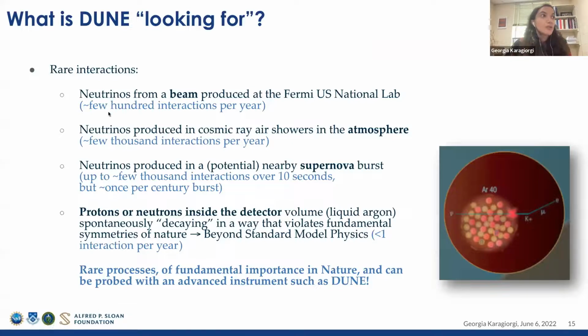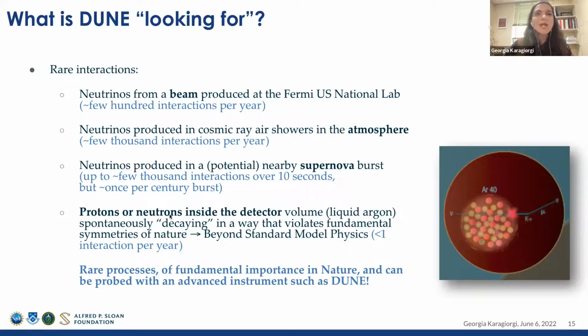Now, in addition to neutrinos, the DUNE far detector, being this massive detector that is very well shielded from other types of particles, offers the possibility of searching for other rare processes as well.